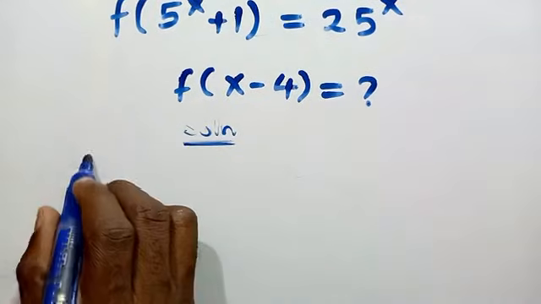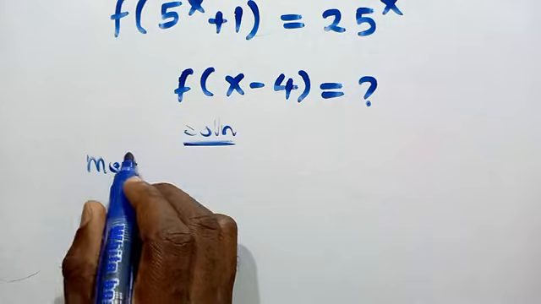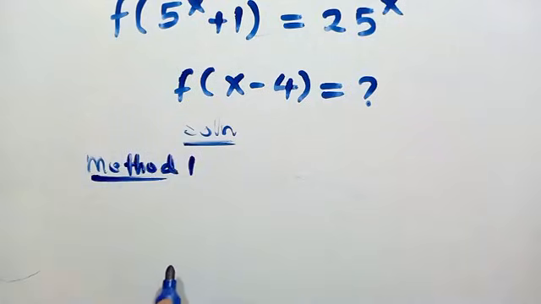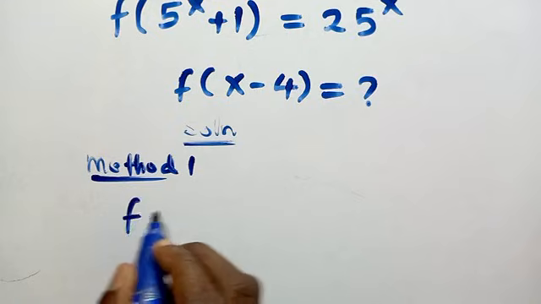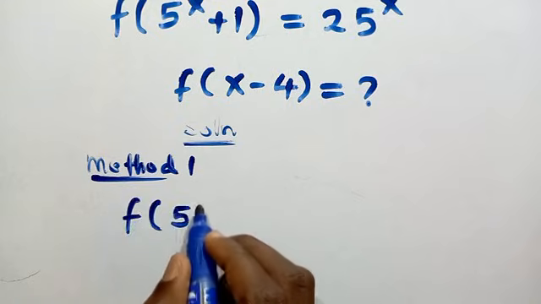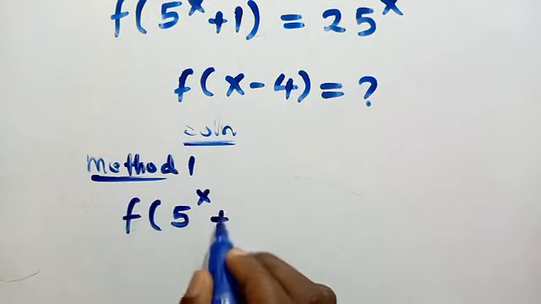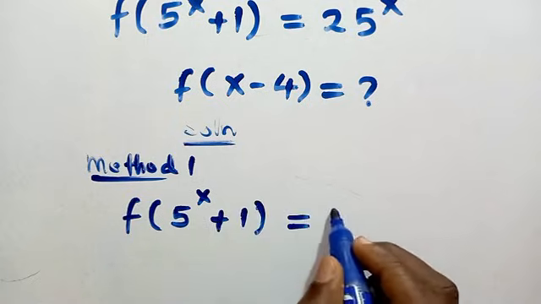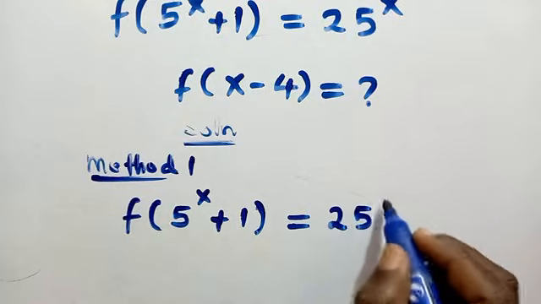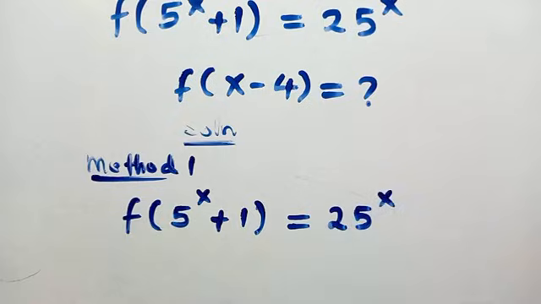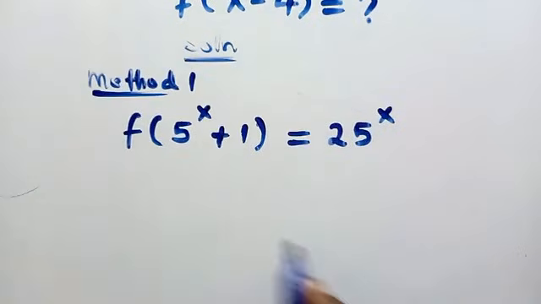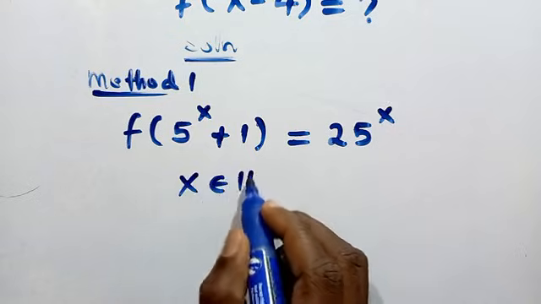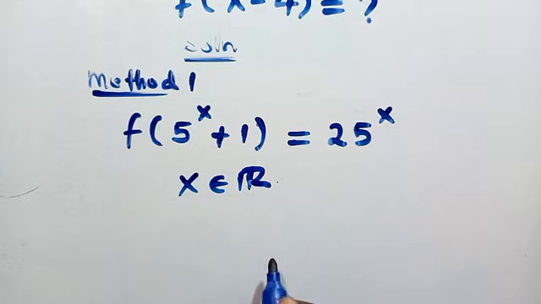For the first method, call this method 1. The question says f(5^x + 1) = 25^x. So the first thing we are going to note is x here is a member of the real numbers.